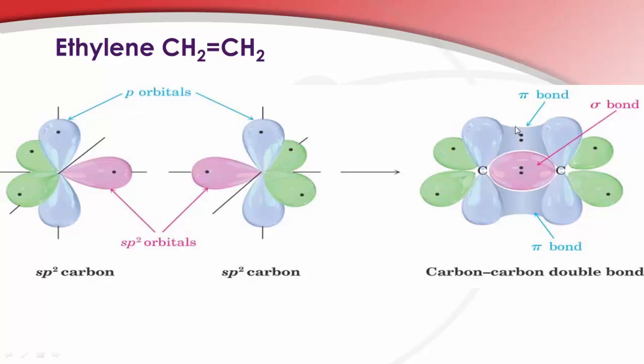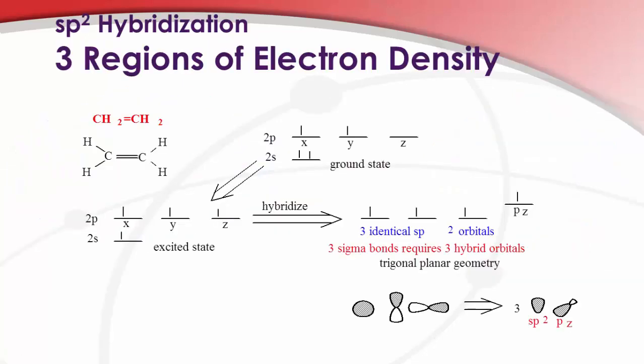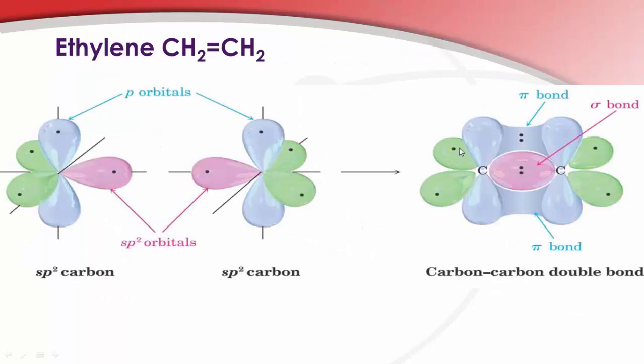And this has none of this sp2 or sp3 hybridization. These are simply the overlap of two sets of p orbitals. So what you need to realize then is that these hybridized orbitals exist in the plane of the molecule, and they could be bonding, for example, to hydrogen, and these sit above and below the plane of the molecule. We call that a double bond or a pi bond.